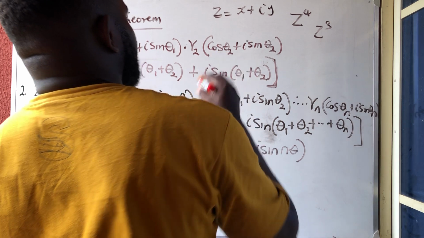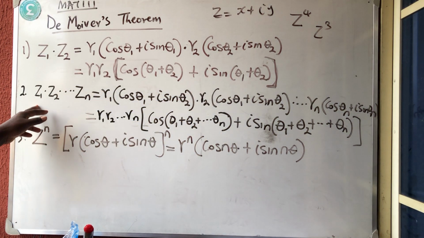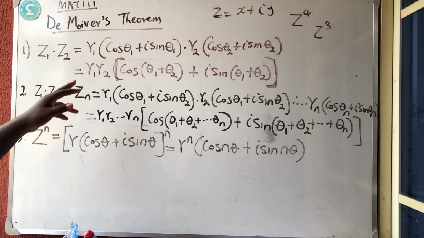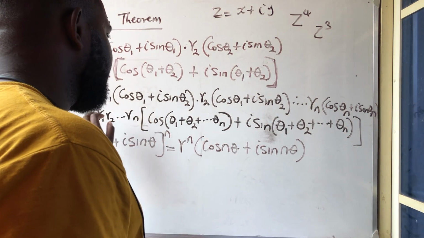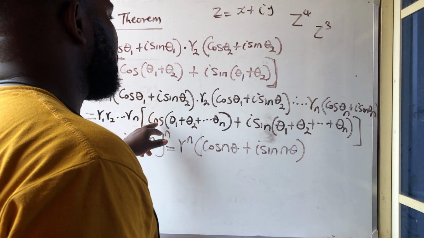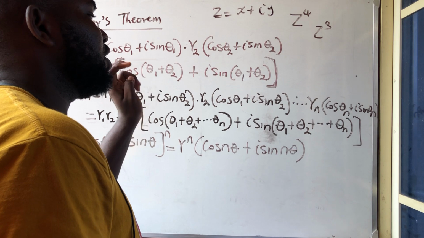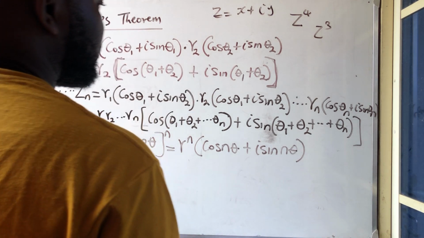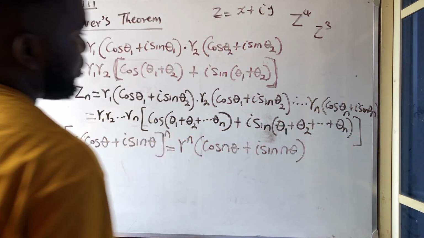Then if there are many, maybe z1 times z2 times z3 times z4, it is as simple as multiplying all the moduli together. You now say cos of theta 1 plus theta 2 plus theta 3 plus theta 4, plus i sine of the same thing, you bring them together.